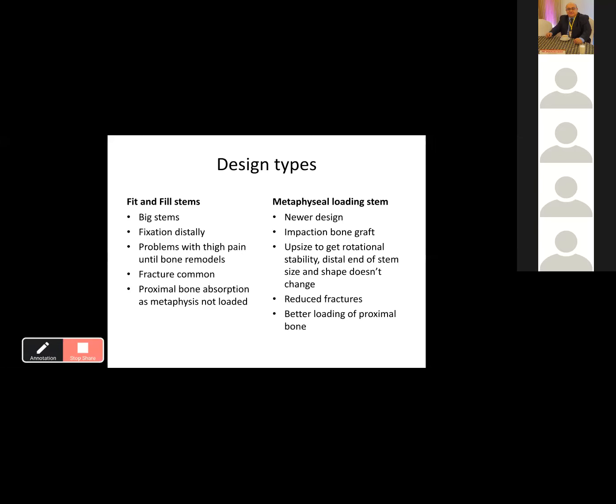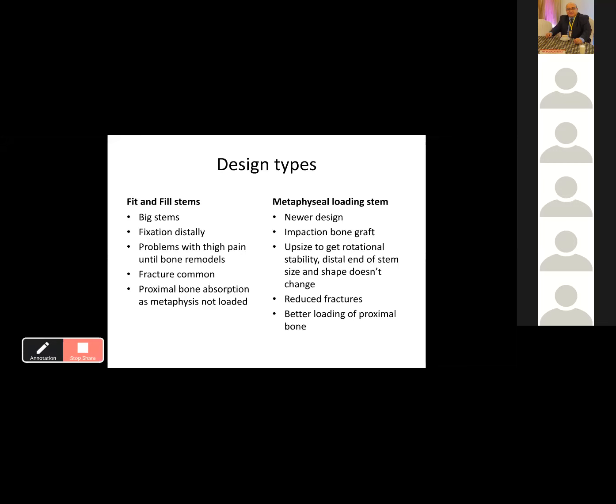Fracture was a common problem. And you'd also, because they were distally loaded stems, get a lot of proximal bone absorption because the metaphysis was not really loaded that well. Newer designs are metaphyseal loading. So you use impaction bone grafting. As you are broaching that, you're pushing bone to the side to get a nice bone mantle around.